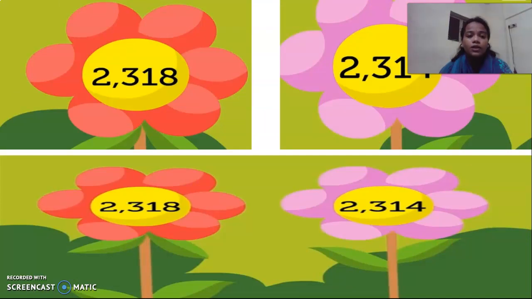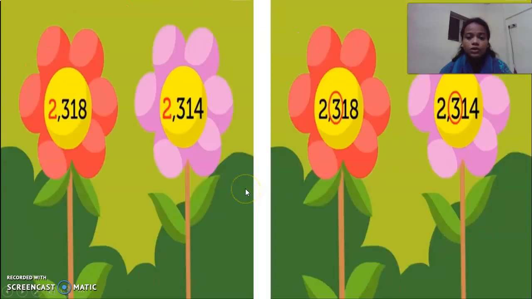Now, the first number is, try to read with me, 2318, and another number is 2314. Now observe the place value and compare the numbers. Yes, both the numbers are same at thousands, hundreds and tens place.